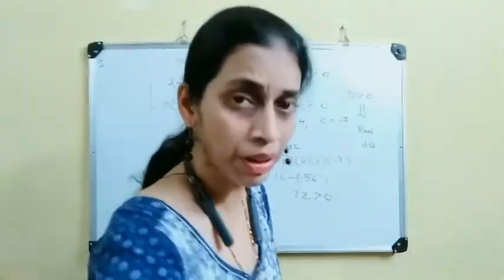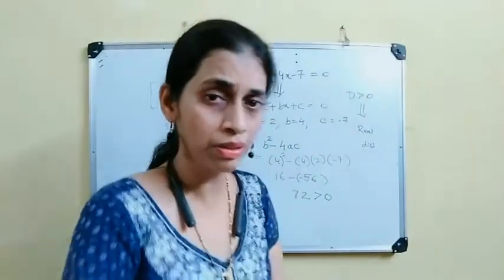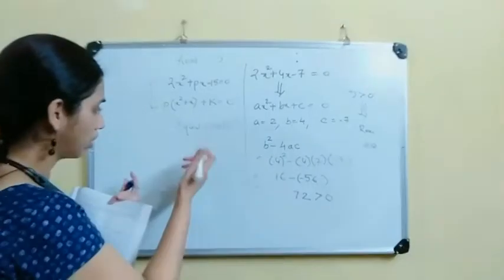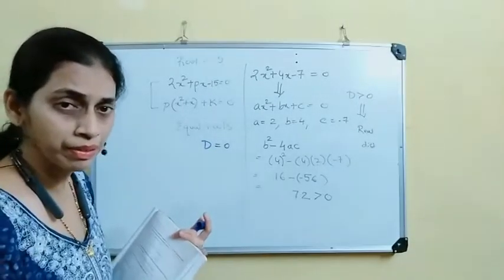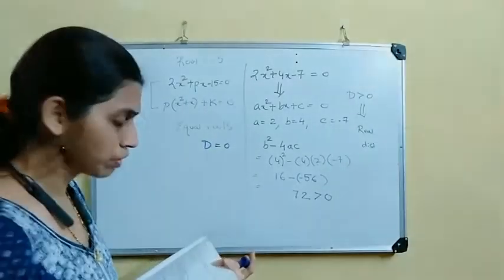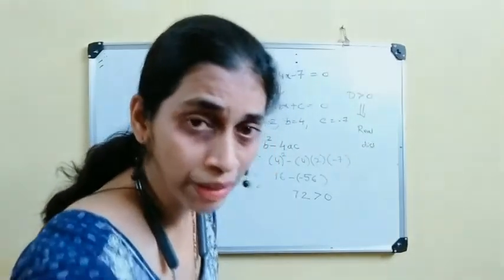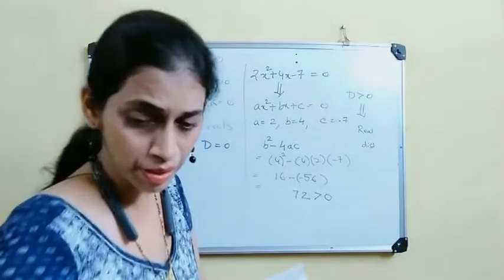So will you recollect what is equal root? Equal root is your discriminant is equal to 0. Correct? So how are we supposed to solve this equation? Herein they have mentioned that minus 5 is the root of the equation.